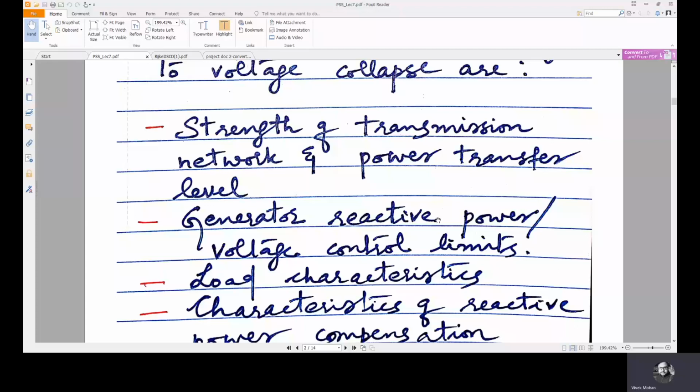For a small increase in power carried by the line, the voltage profile of the receiving end bus may go down drastically.